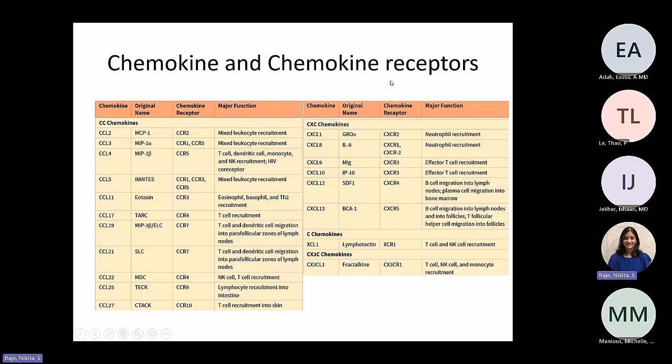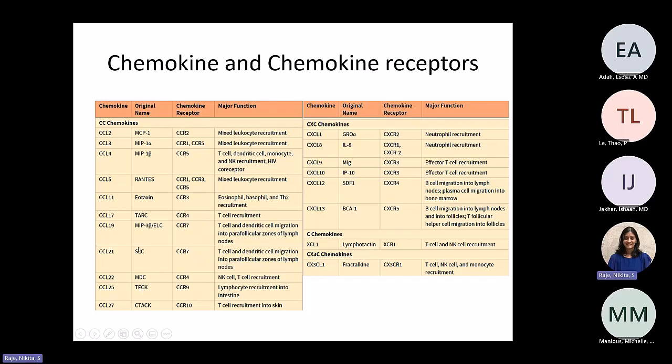So here is a list of these chemokines and their receptors, right? So these various families, CC chemokines, are the most abundant. As you can see, there's a long list. Like everything else in immunology, these chemokine receptors are very well described with their numbers, but they also have their second name that's more descriptive.